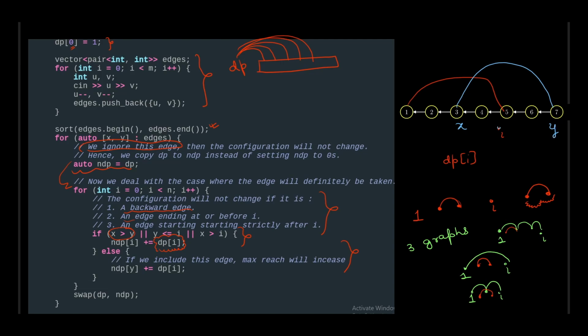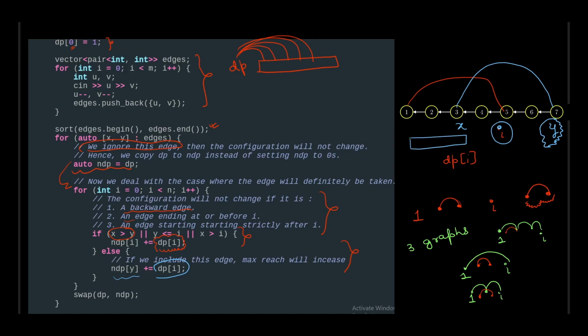So you take all the graphs that can reach till i, their count is dp of i, and you increment the number of graphs that can now reach till y. So that's why this ndp of y condition. Then finally you swap your dp and ndp. Basically, you are refreshing the dp array that you are maintaining.